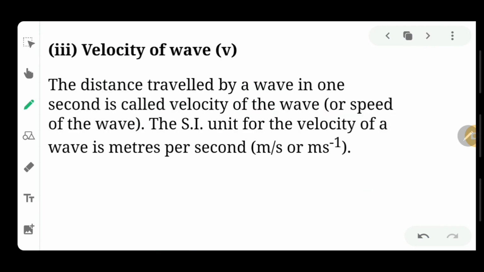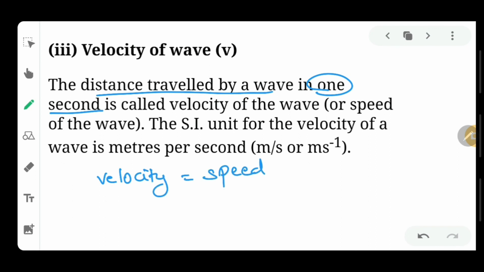In order to know the speed or velocity of a wave: velocity of a wave is nothing but the distance traveled by a wave in 1 second. The distance the wave travels in 1 second is called the velocity of the wave. If you remember chapter number 8, students, what was the formula for velocity of waves? Velocity is nothing but distance upon time.